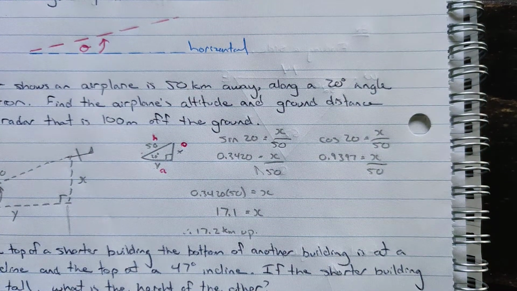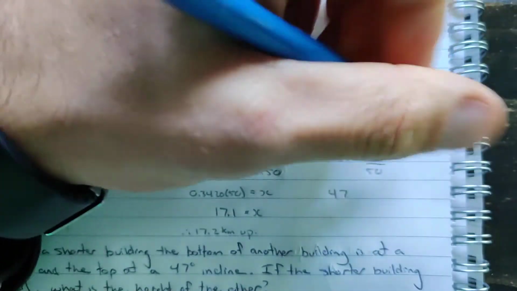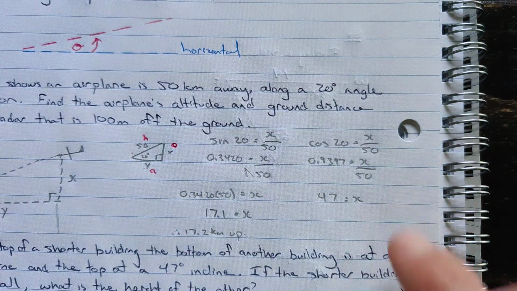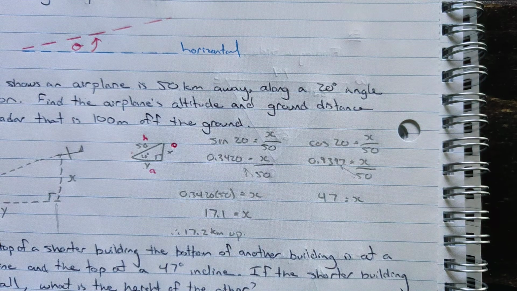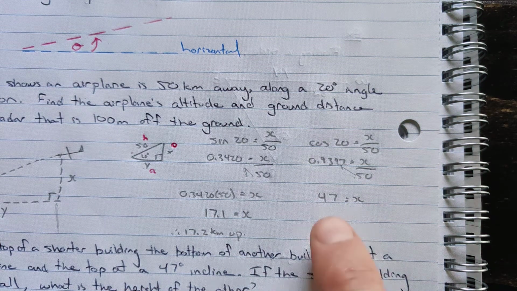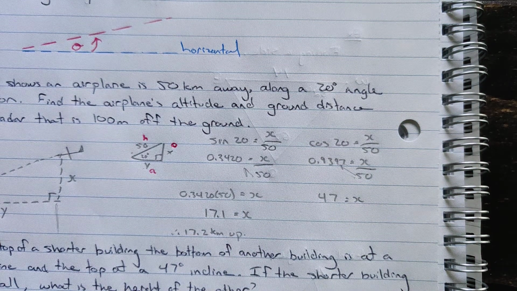And then when we calculate that, 50 times 0.9397 is going to give us 47 as our y. I would move the 50 up and multiply to just skip the step along the way there. But we'll get 47. So we're 47 kilometers away from the radar tower.